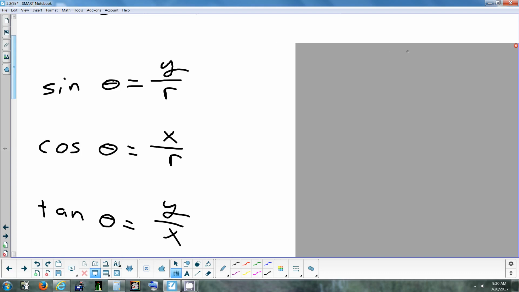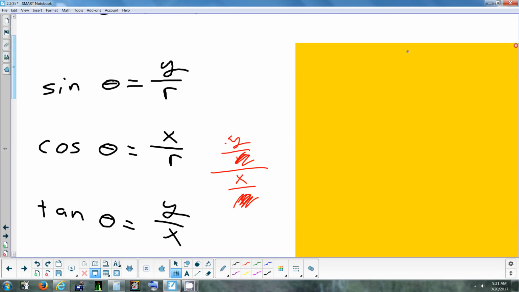But look at tangent. Did anything happen with tangent? No. And that's because if you think of tangent as y over r divided by x over r, I change y to y over r, change x to x over r. What cancels out there? The r.